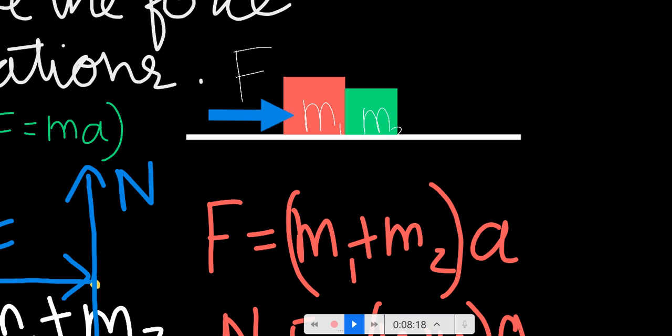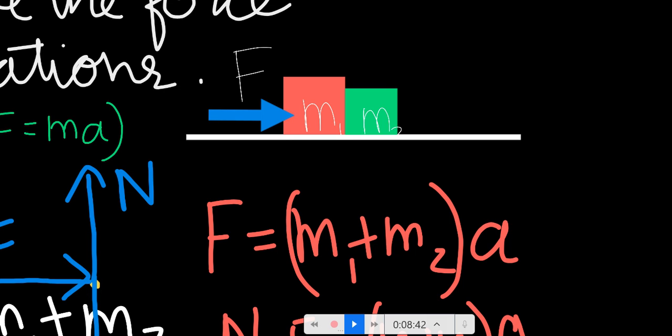And finally, remember, because of this force F, mass m1 moves, and mass m2, since it is in the way of m1, m1 pushes on m2, right? Now if you remember Newton's third law, for every action force there is going to be a reaction force which is equal in magnitude to the action and opposite in its direction.